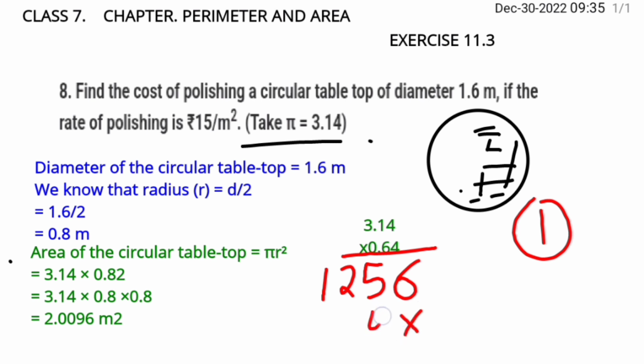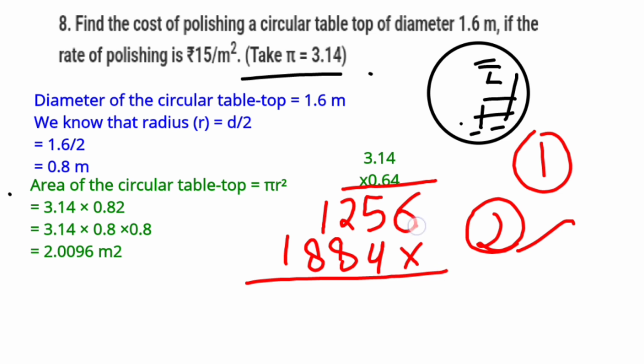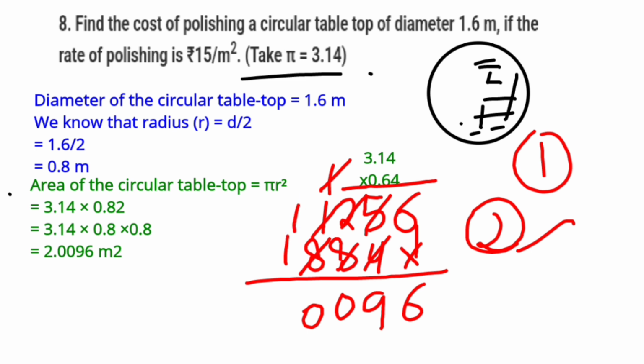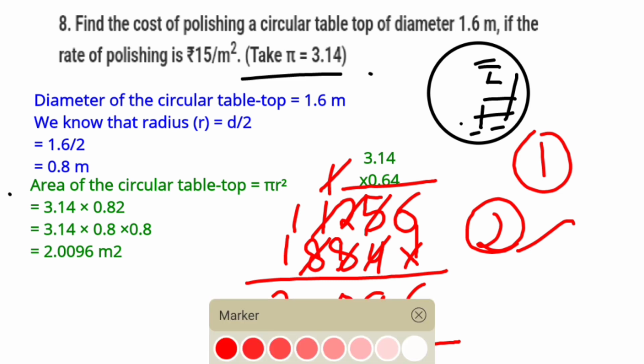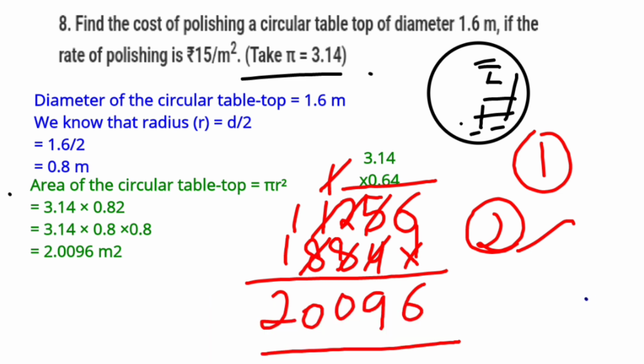Now 6 fours are 24, 2 carry, 6 ones are 6 plus 2, 8, 6 threes are 18. 6, 5 plus 4, 9, 8 plus 2, 10, 0, 1 carry, 8, 9, 10, 0, 1 carry, 1 plus 1, 2. So 20096, but this is not your final answer as we need to put the decimal. So how many digits are there after the decimal?